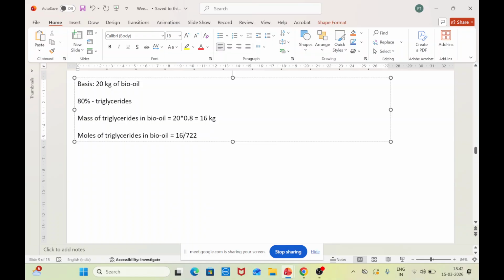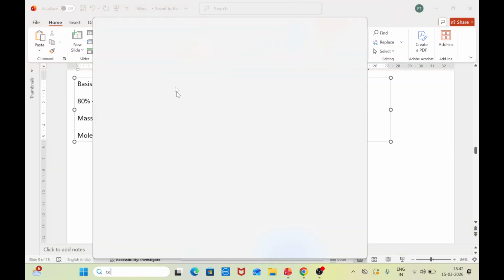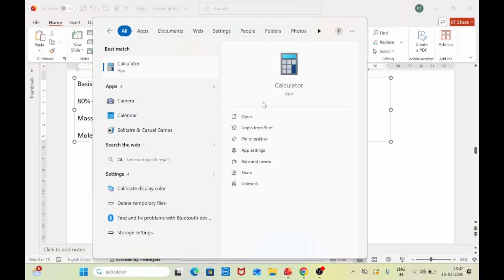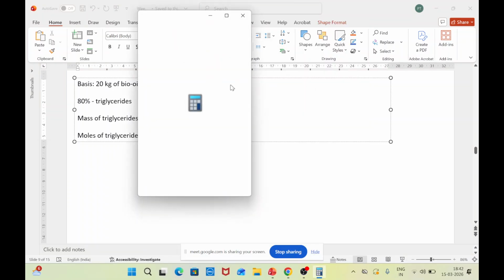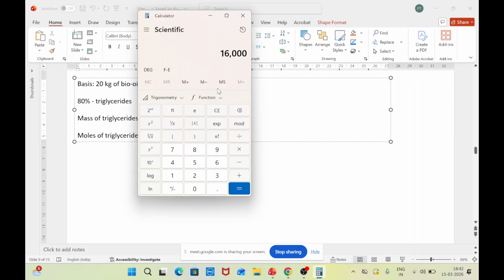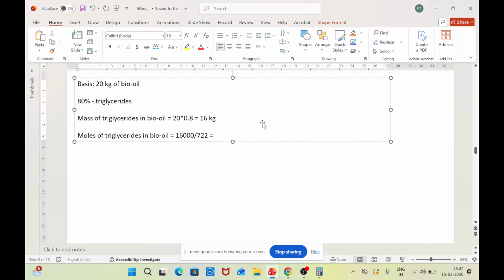If we convert kg to grams, it will be 16,000 grams by 722. So the value is 22.16. Oh, sorry, 22.16 moles.